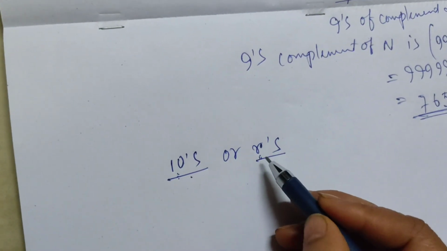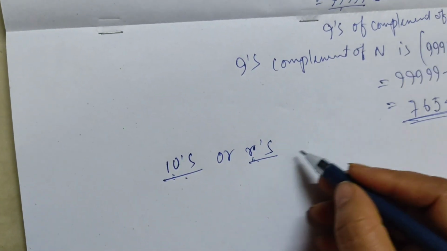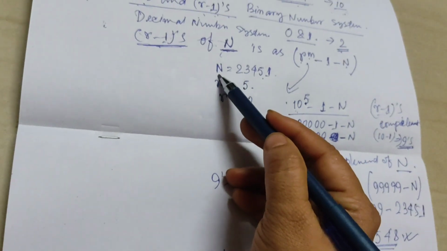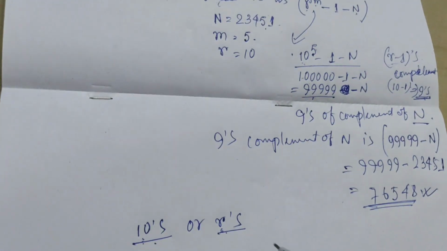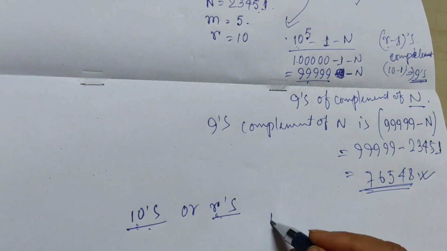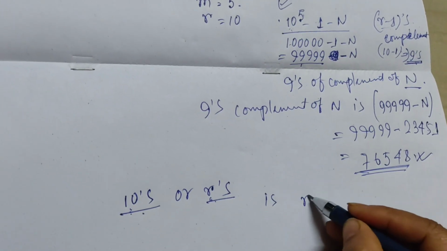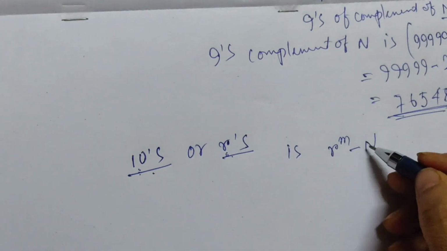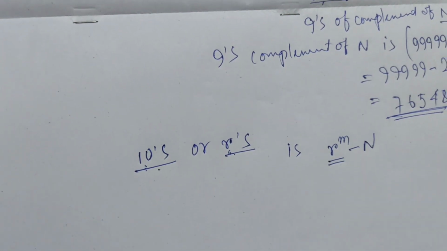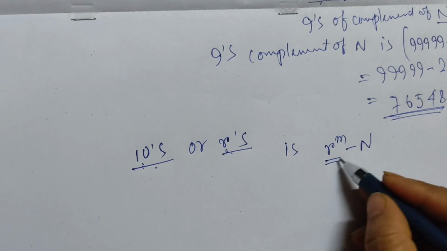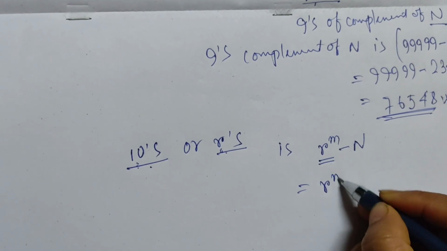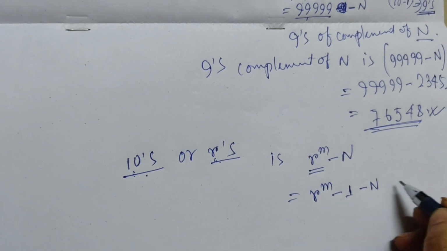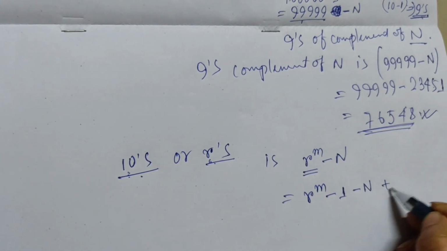If we want to perform the r's complement of the same number n, the complement of the number is represented as r to the power m minus n. We can represent that as r to the power m minus 1 minus n, plus 1.